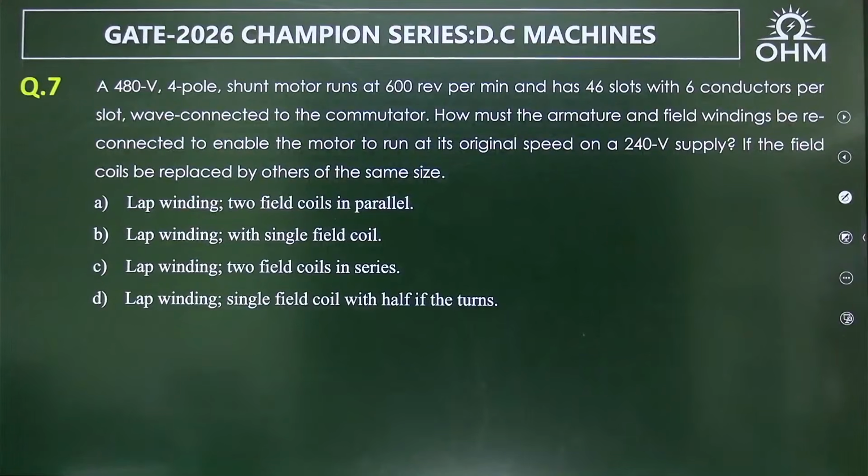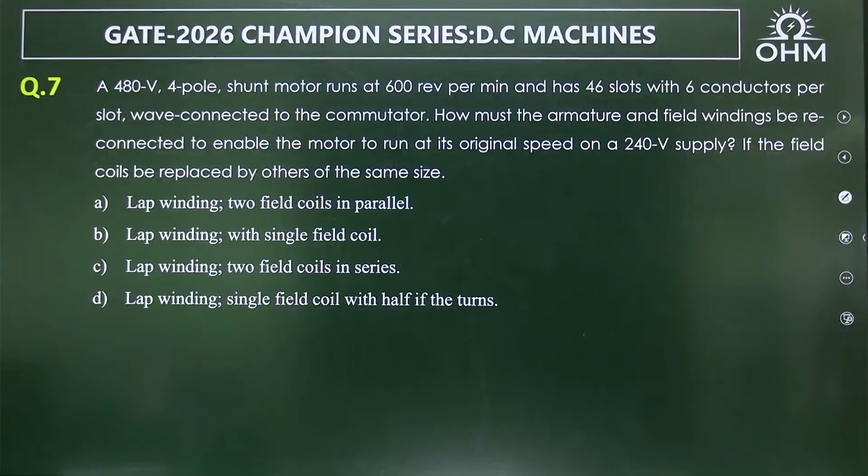Go through this question. A 480 volt 4-pole shunt motor runs at 600 RPM and has 46 slots with 6 conductors per slot, wave connected to the commutator.